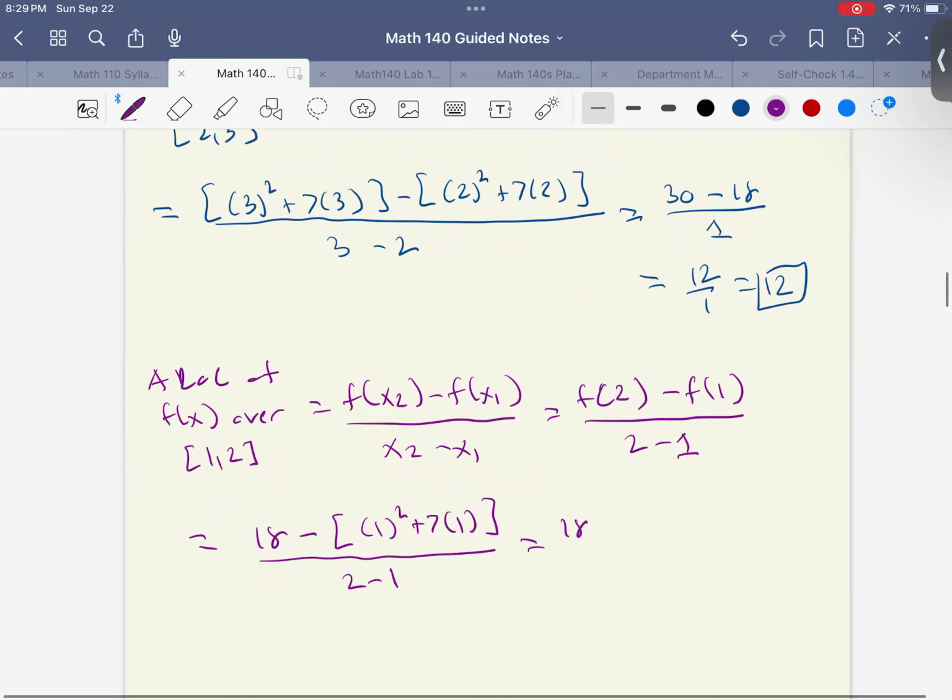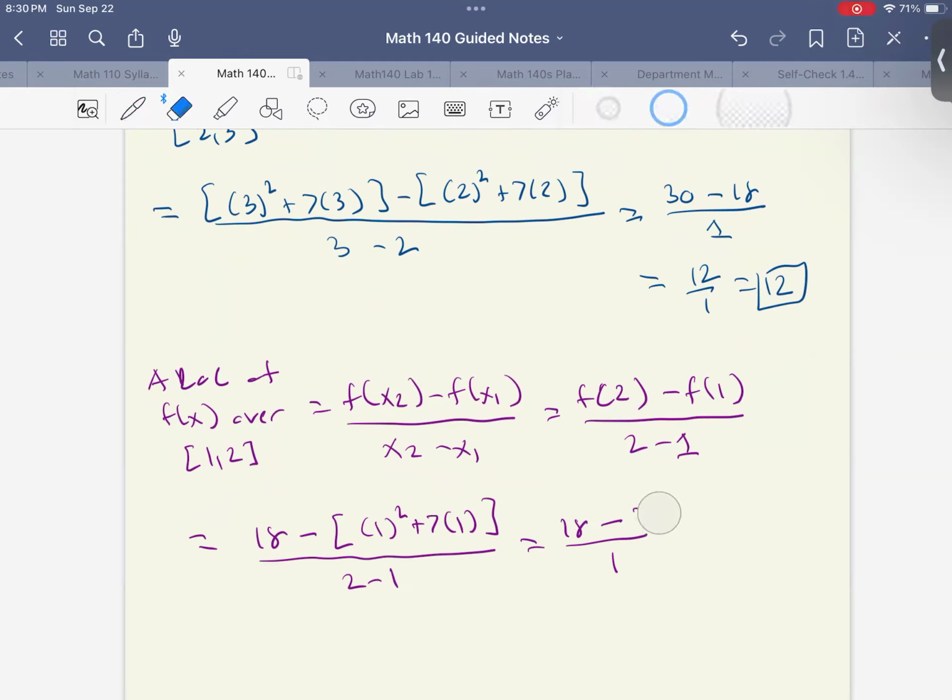So this is 18 minus 7 over 1. I'm sorry, not 7. It should be 8. 18 minus 8 over 1, which is just 10 over 1, which is just 10.